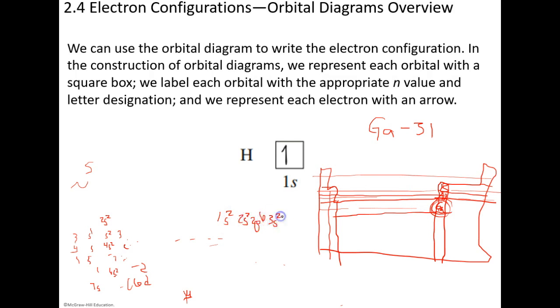Then the 3s2, the 3p6, all right? Then you can go to the 4s2, which is right here. Then you're going to fill these, which are the 3d10, and then you start back up to the 4p1. So that should be the electron configuration for gallium, okay?